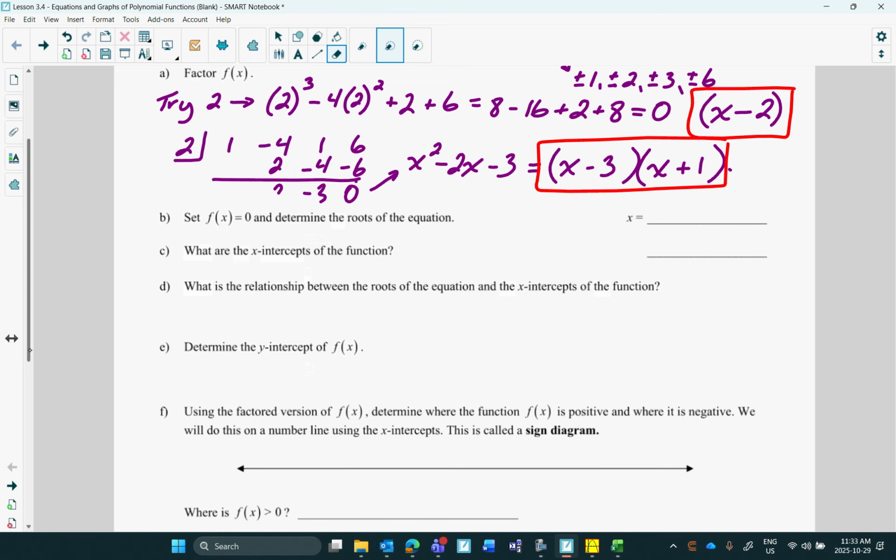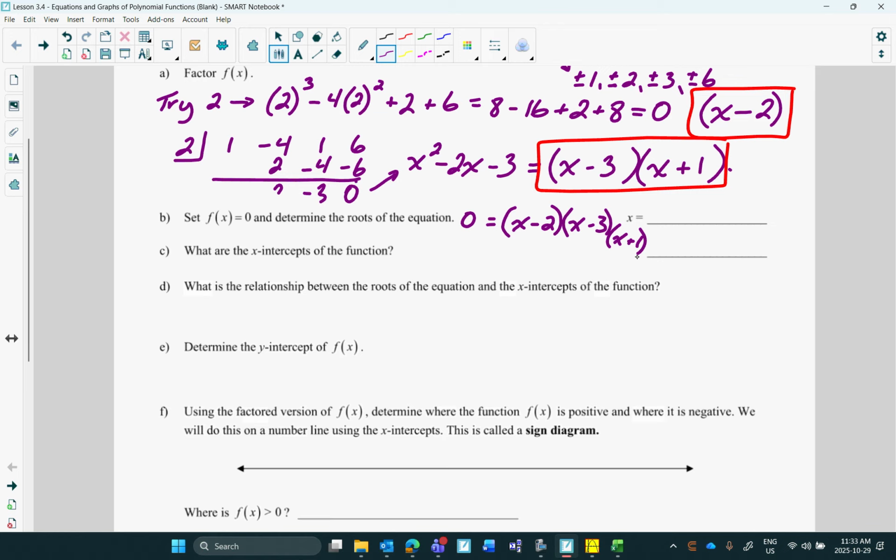Okay. What if instead of f of x, I put 0? And instead of x cubed minus 4x squared plus 2x plus 6, I wrote the factored form. So I turned it into an equation.